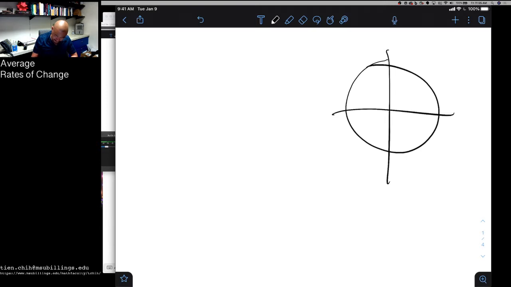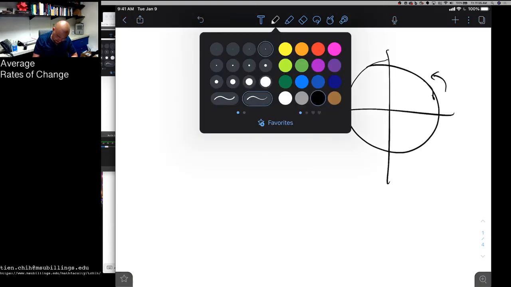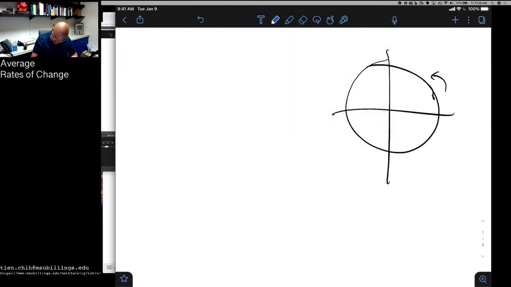Here's a circle. So as you traverse the circle here, as you travel along the circle, how much does your height change? So if I travel across the circle by 1 unit, say, my height changes as well.